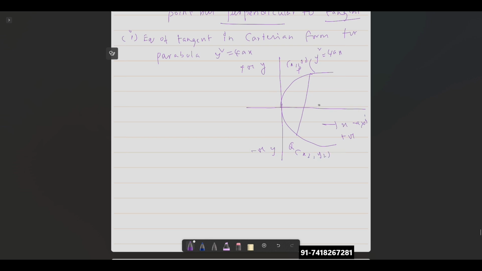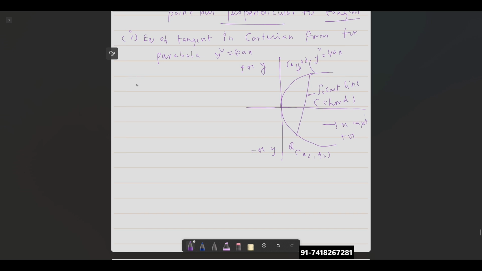Generally, if a line cuts the curve at two points, we call it a secant line, or chord in the case of a circle. Since these are two points on the curve, we can plug them into the curve.